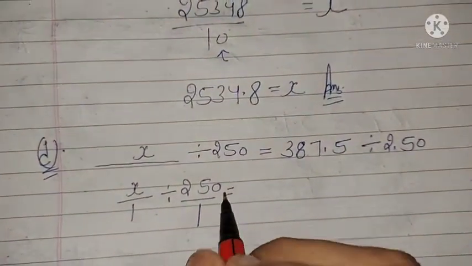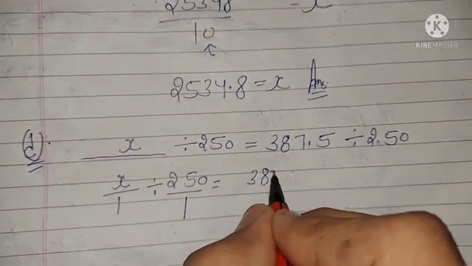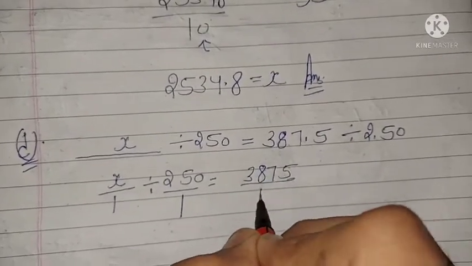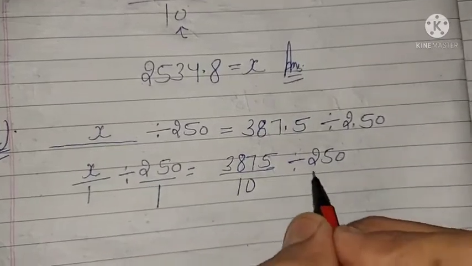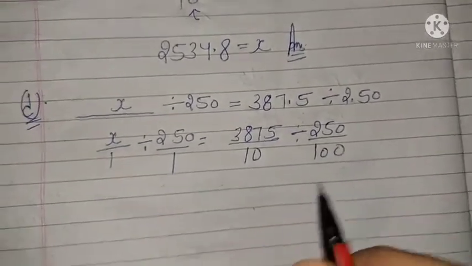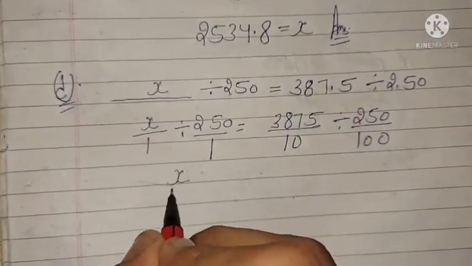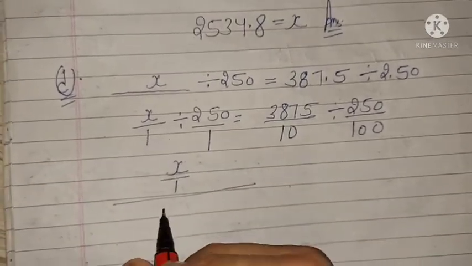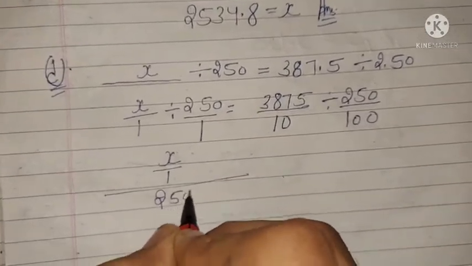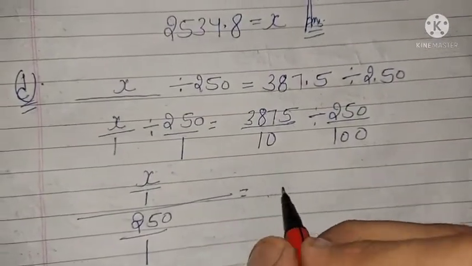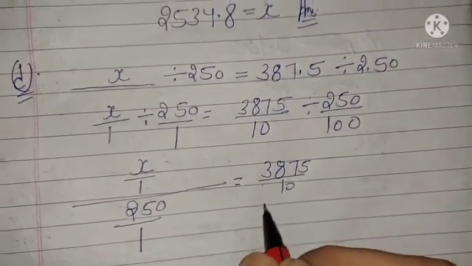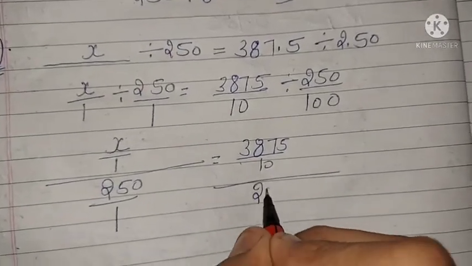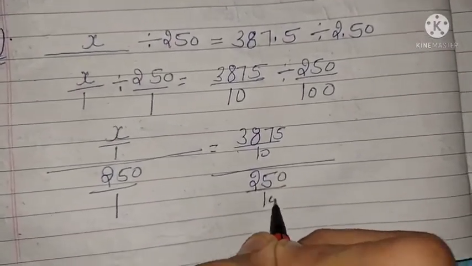I've told you to convert all these things into fractions first. This is also a decimal. Convert this decimal number to a fraction. Then I've told you to write like this: 250 by 1, 3875 upon 10. Write like this, 250 upon 100.